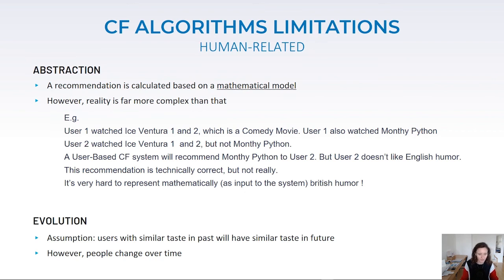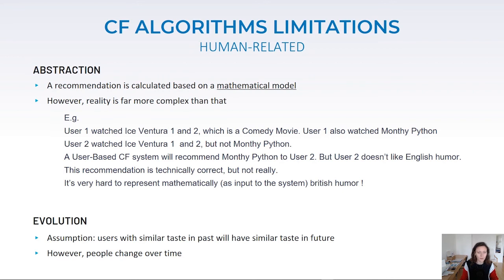Here there is an example. For example, I watch Ace Ventura 1, 2, and Monty Python. I'm user 1, and you're user 2. And you watch Ace Ventura 1 and 2, but not Monty Python. So a user-based recommender system will suggest Monty Python to you because Ace Ventura 1 and 2 are comedy movies. Monty Python is a comedy movie.